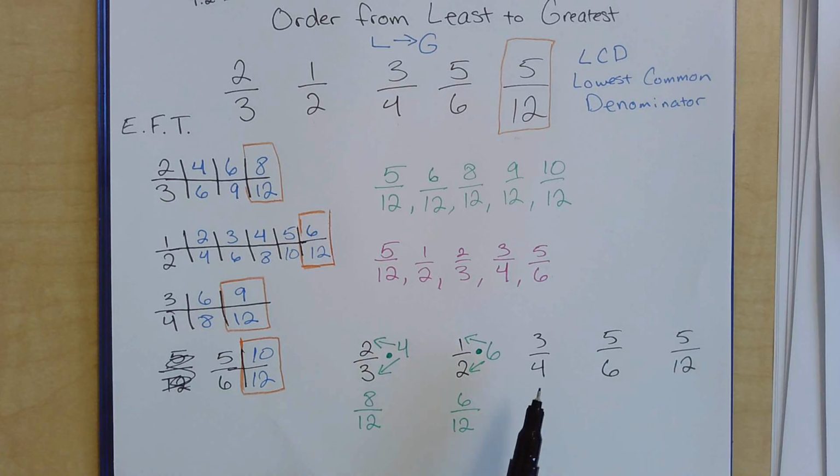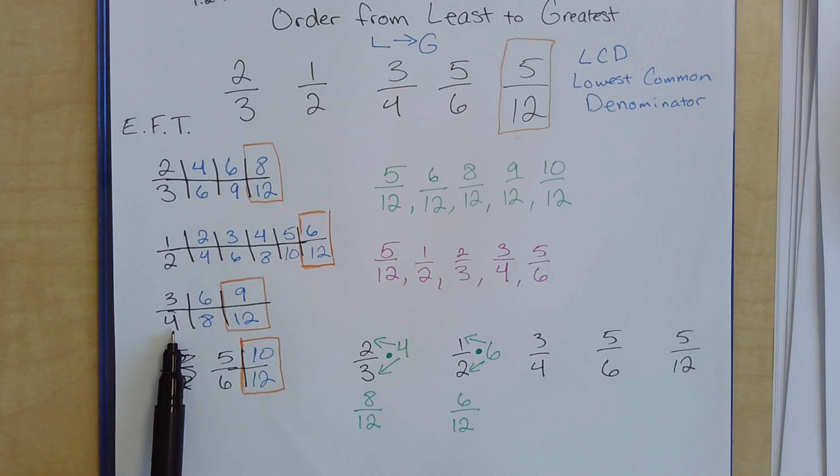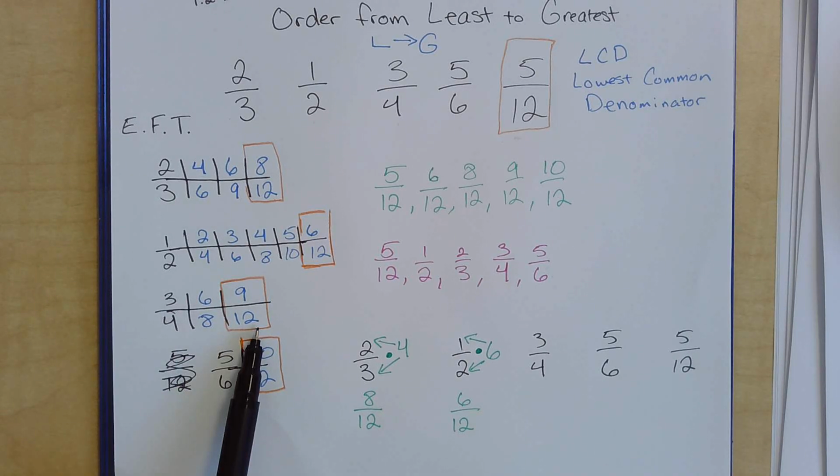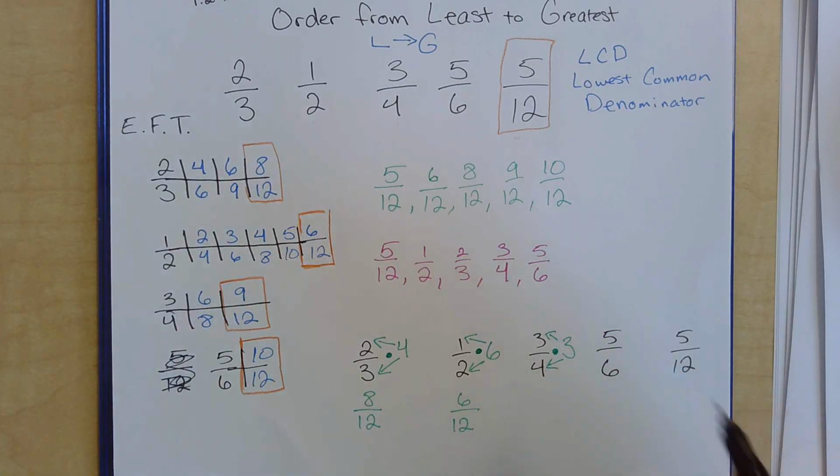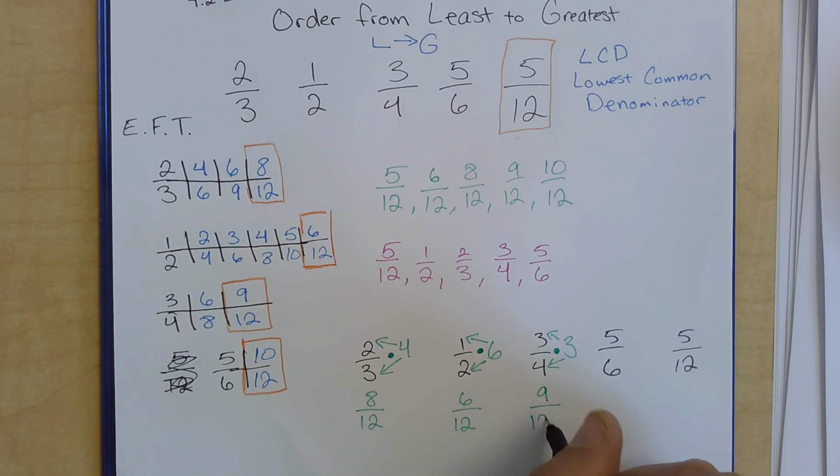And we'll do the same thing for the next one, 3/4. 4 times what will give us 12? This is 4 times 1, 4 times 2, 4 times 3. We multiply our numerator and our denominator. 3 times 3 gives us 9. 3 times 4 gives us 12.